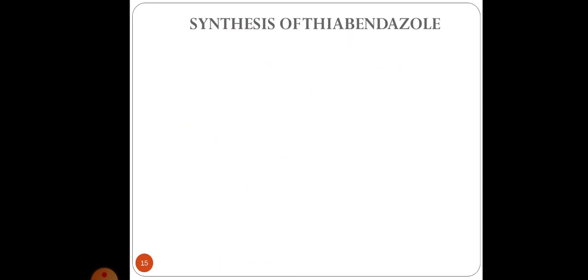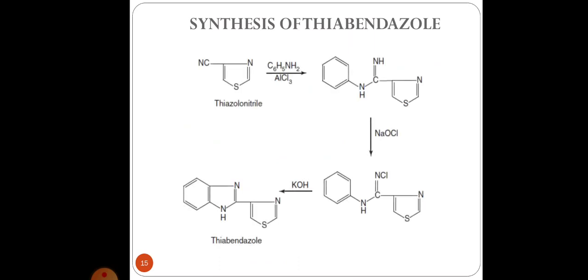Coming to the synthesis of thiabendazole. Here, the starting material taken as a reactant is thiazolonitrile, which on treatment with aniline in presence of aluminum trichloride results in the formation of a compound, that is N-phenylthiazole 4-carboxamidine.